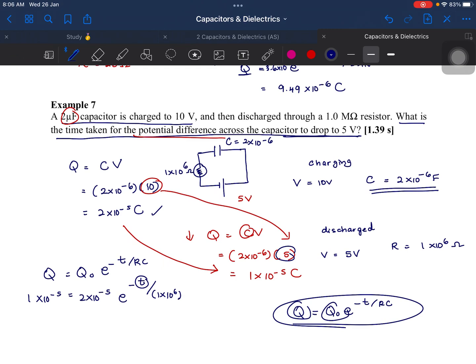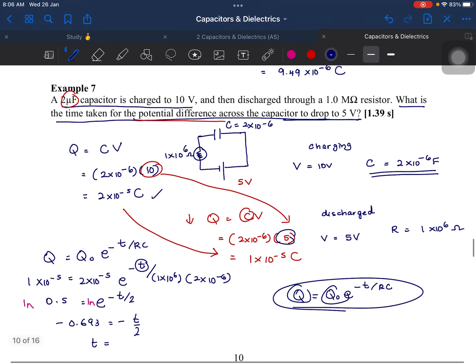Okay. So, our C is 2 darab 10 kuasa negatif 6. Okay. And then, try to solve this. 0.5 equals e to the power of negative t over 2, I think. So, this is ln at both sides. Nanti kamu ln at both sides. And then, you will get negative 0.693 equals negative t over 2. And then, you get your time to be 1.39 second. Okay.